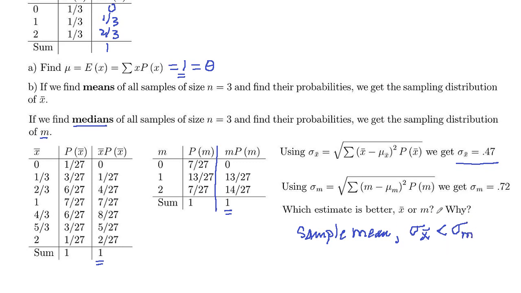So the standard deviation, or the standard error, is actually the correct terminology. So while the sample mean and the sample median are both unbiased estimators, the sample mean has a smaller standard deviation, which means it's going to be a more consistent estimate. So if they ask you in the homework, you have two estimators and you want to know which one's better and they're both unbiased, pick the one with the smaller standard deviation.